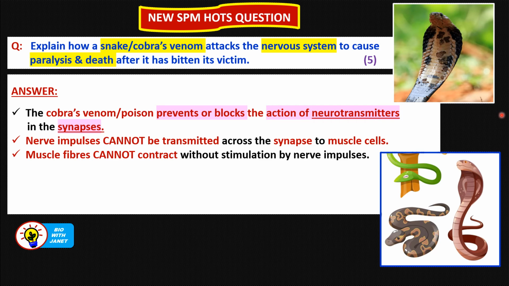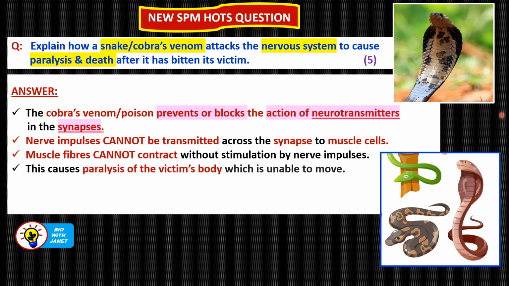Now what happens when muscle cells don't receive the nerve impulses? They cannot be stimulated without nerve impulses. So the muscle fibers cannot contract without stimulation by nerve impulses. So this will cause paralysis of the victim's body, in which the victim will be unable to move.